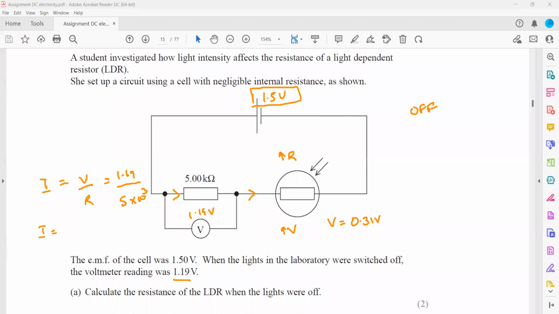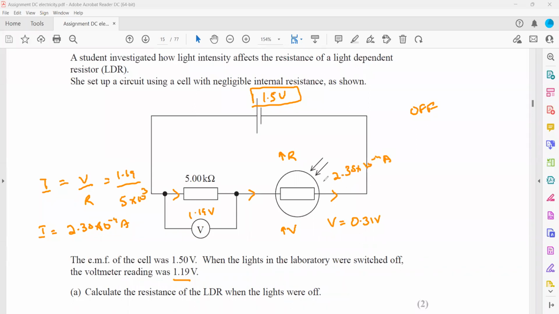When we divide this, we get the current, which is 2.38 into 10 to the power minus 4 ampere. So this 2.38 into 10 to the power minus 4 will pass through the fixed resistor. The same amount of current will pass through the LDR because they are in series. When two components are in series, they have the same current.